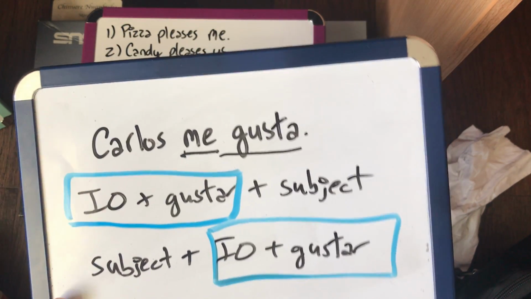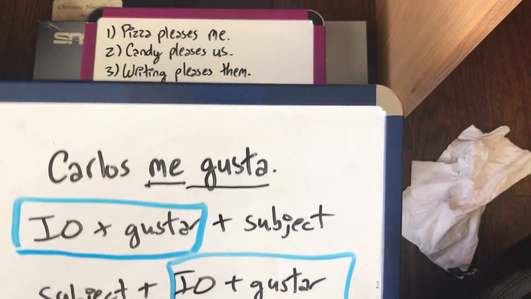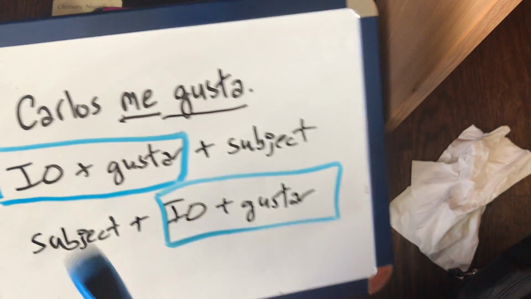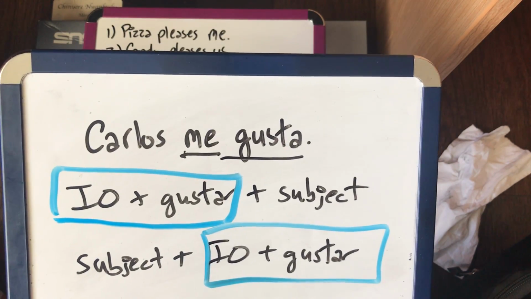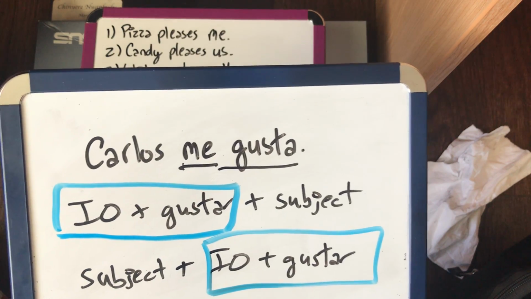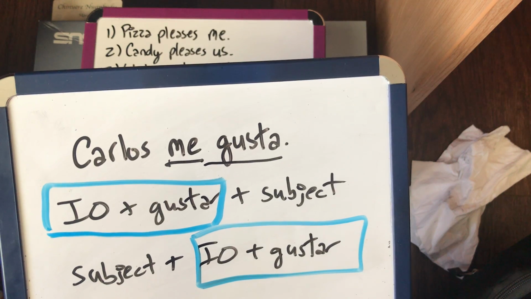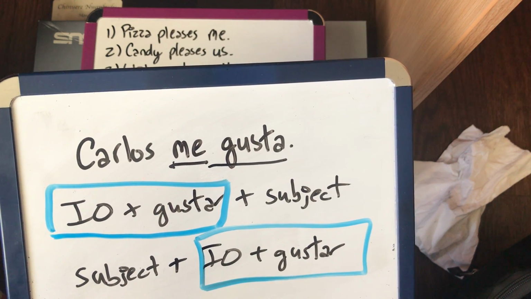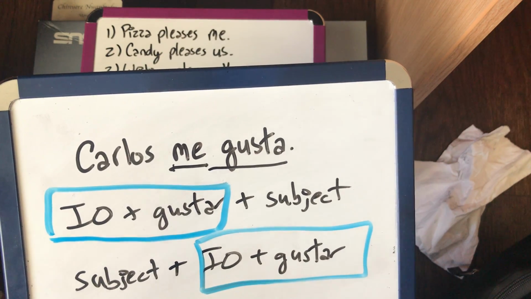La pizza me gusta is just as grammatically correct as me gusta la pizza. But the first order that I showed you is the more frequently used order. Okay? Pizza me gusta is kind of weird. Me gusta la pizza, better. Yeah. That is how I'm going to finish that.